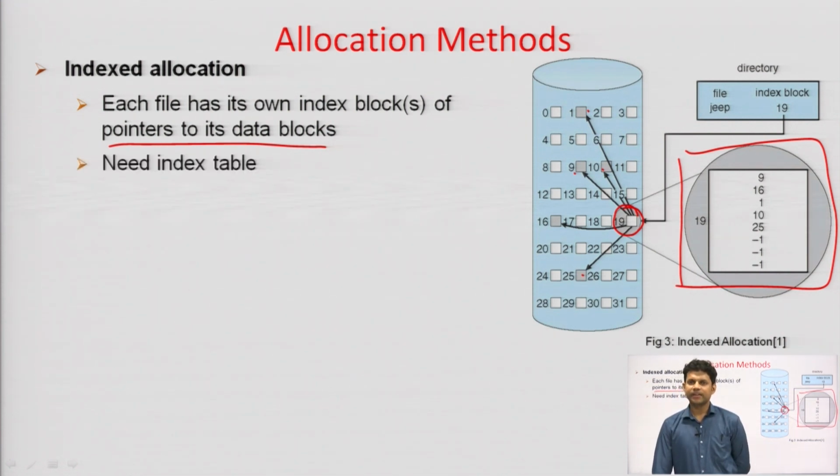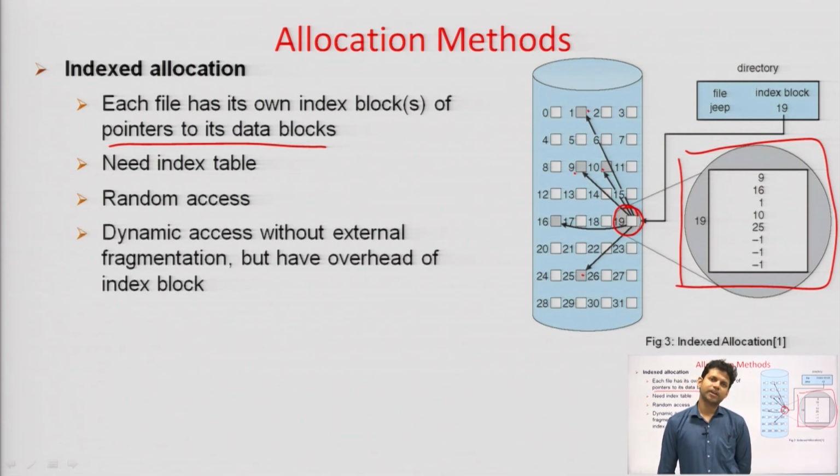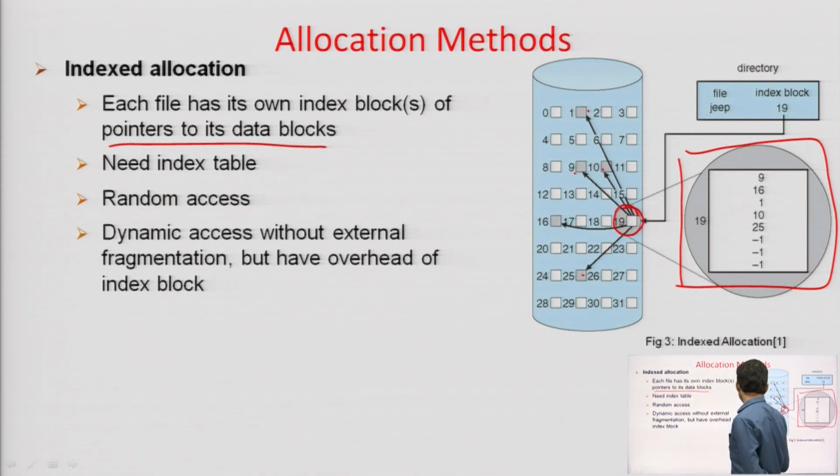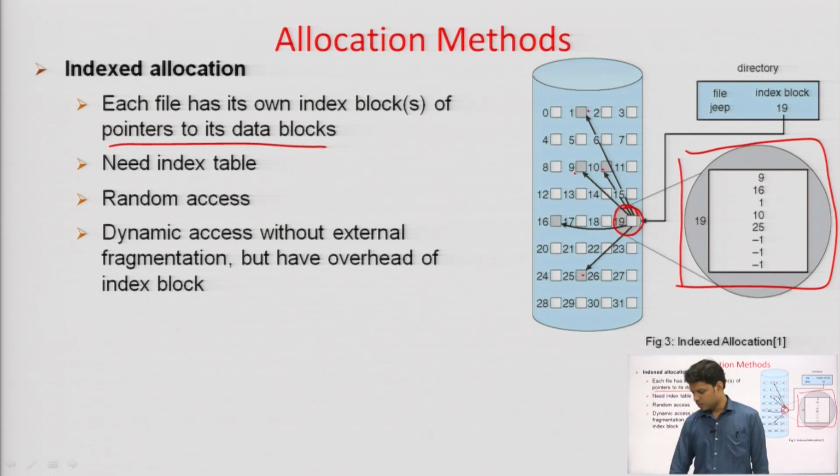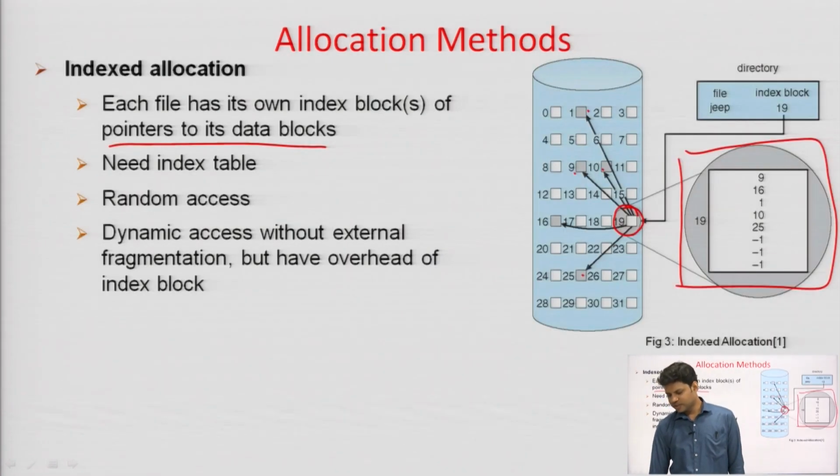This needs an index table. Random access is used, because while looking at this index table, you can go directly to any of the file blocks. There is no external fragmentation, but there is the overhead of the index block, because you have to keep the index in memory also.